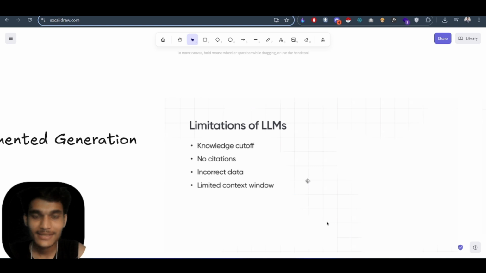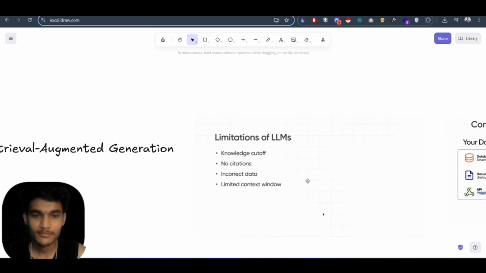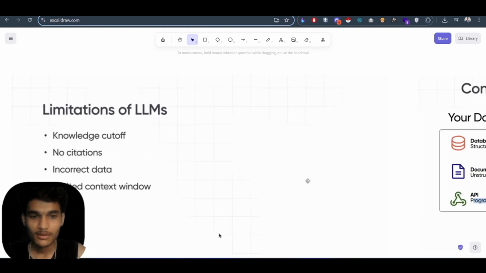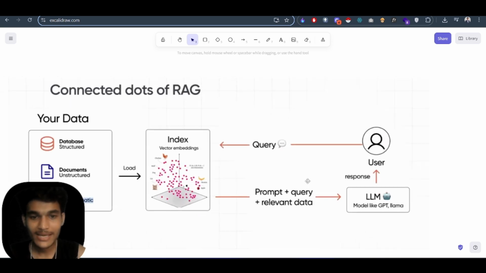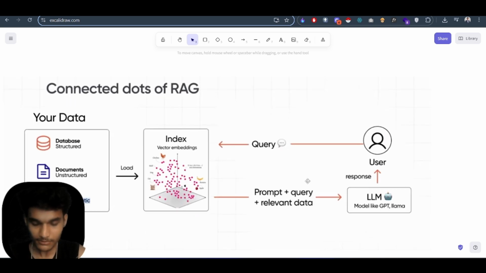In that case, RAG comes in and solves the issue of the context window, and it makes our system most efficient. Now, just introducing what the RAG system is, how it processes, and how we can store data. First, we can store the data in a vector database.